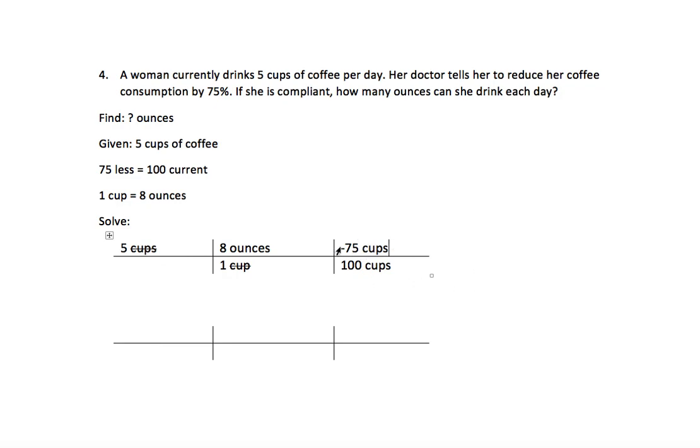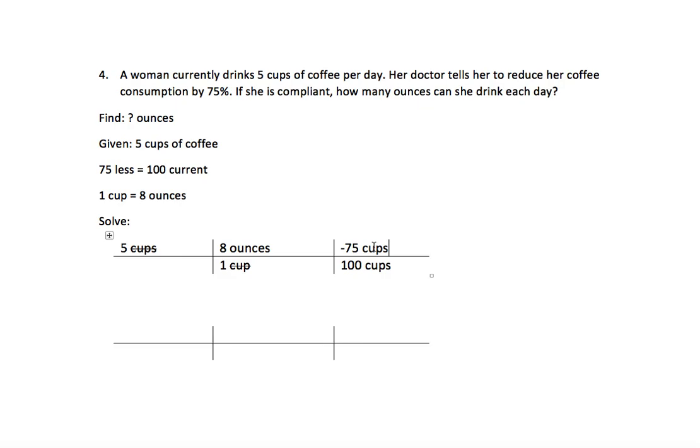You don't really need to put the subtraction or the minus sign here. You just need to know that in the next step, this is the number that you're going to be taking away from her current consumption. And in this case, the cups are both in the same step, and so you cancel them there. And so this will tell us how many ounces she needs to take away.